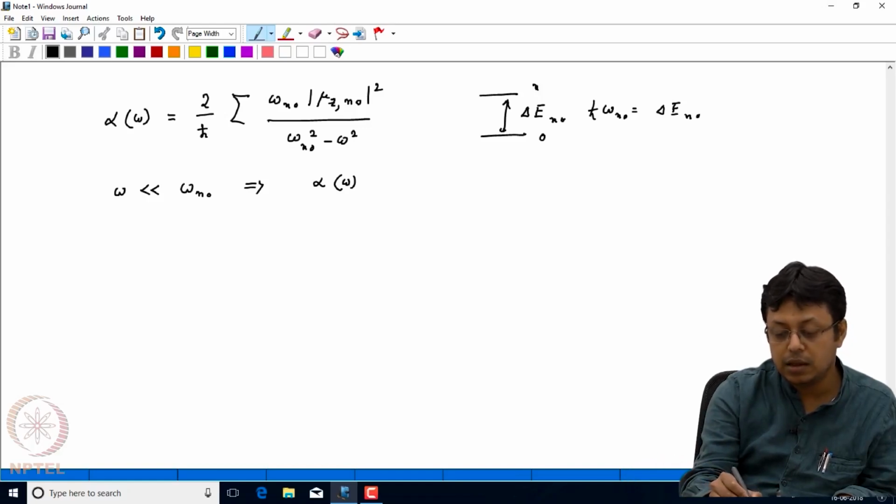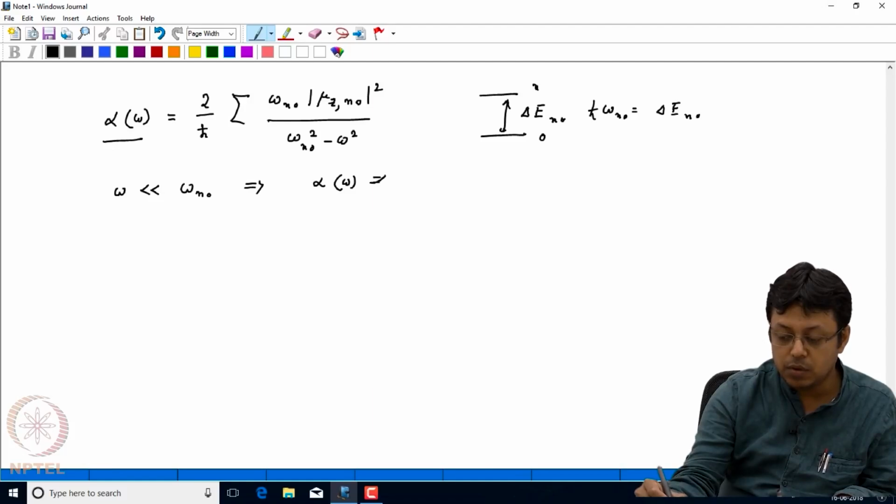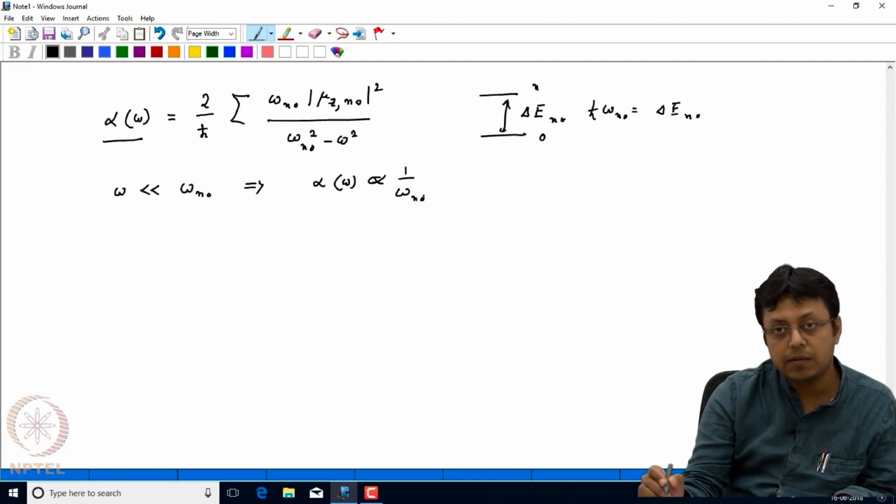So now you see that the polarizability is actually frequency dependent, and that will be basically omega n0 squared, so overall it will go as 1 over omega n0 squared. So if I have a very, very high frequency, I will not get any response.